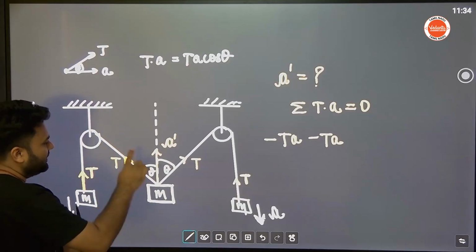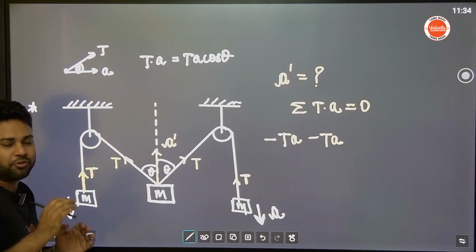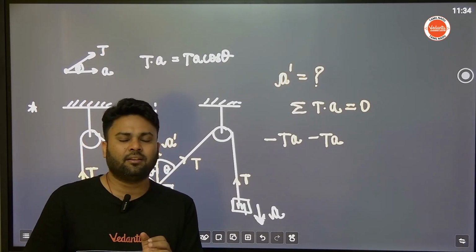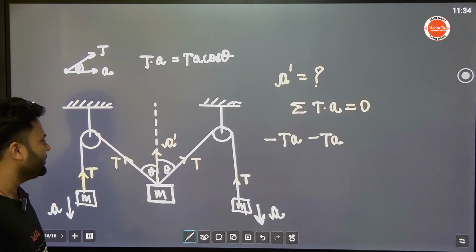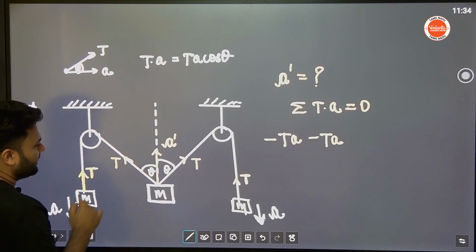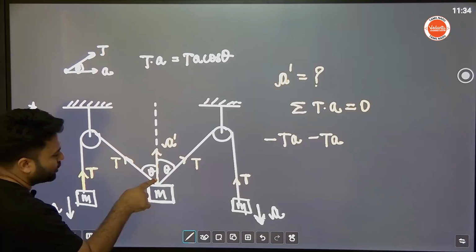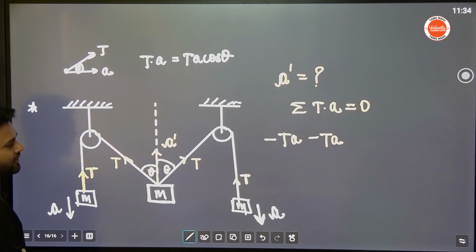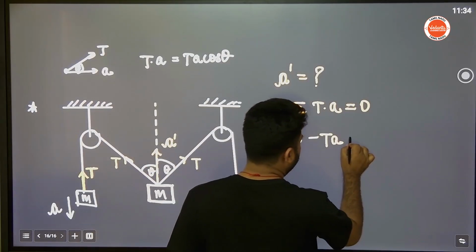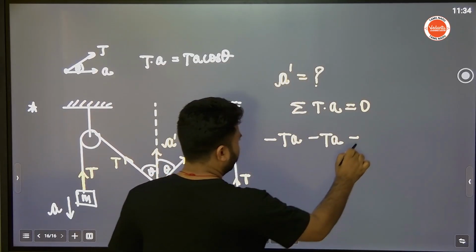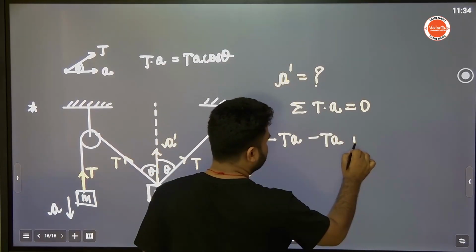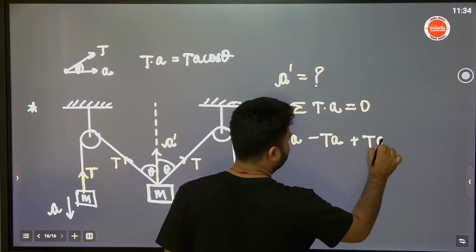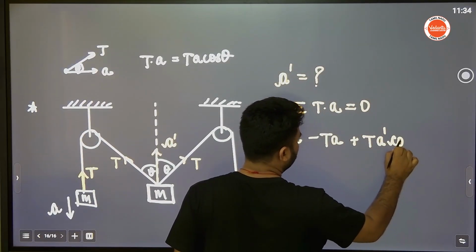See here also, this is T, this is acceleration, angle between them is theta. So plus T, acceleration is A dash, cos theta.